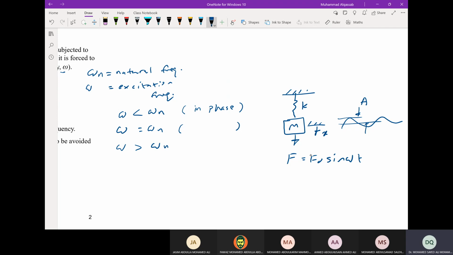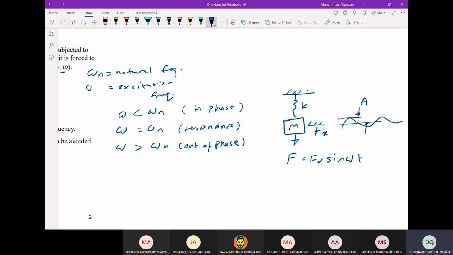For omega equal to omega n, which is called resonance, and omega greater than omega n, which is called out of phase, it will be less. Okay, so let me just explain in phase, out of phase, resonance.